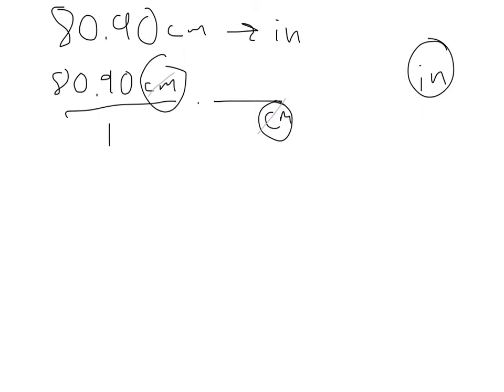And the unit that we're trying to get it into is inches. So inches should be on the top. At this point, you should realize that you need a conversion factor to go from inches to centimeters. And if you look at the top of your worksheet, you will realize that 2.54 centimeters is equal to 1 inch.